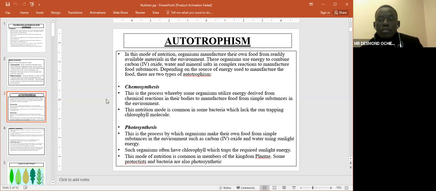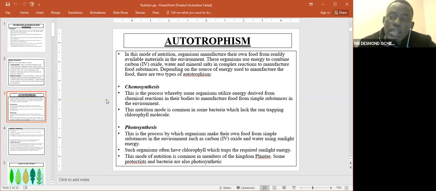And examples of organisms which undergo this mode of nutrition include bacteria. We know that bacteria lack the sun-trapping chlorophyll molecule. Because they do not have chlorophyll, and we know the role of chlorophyll in organisms, chlorophyll is contained in the chloroplast, and it is used to trap sunlight energy.